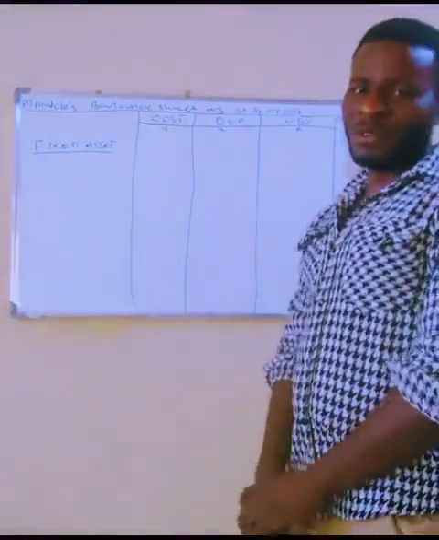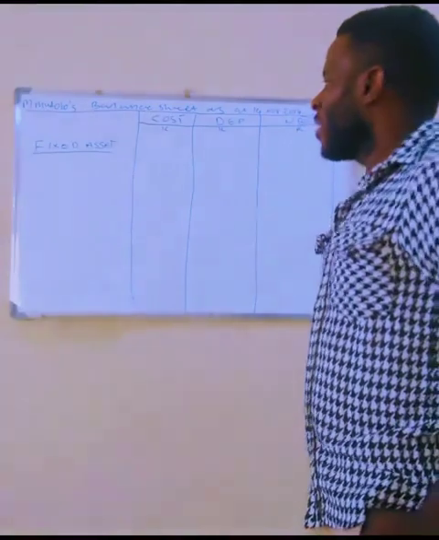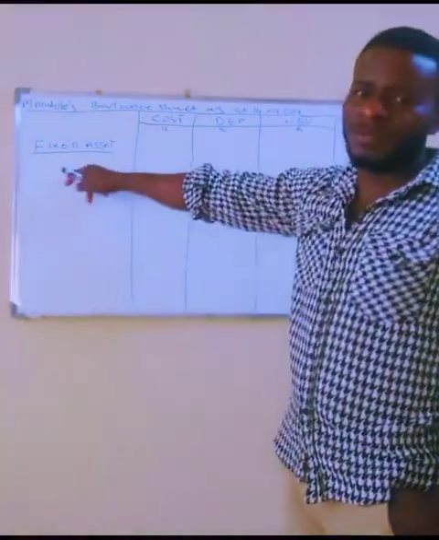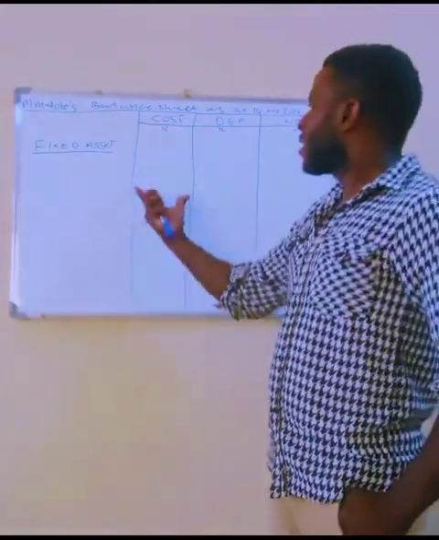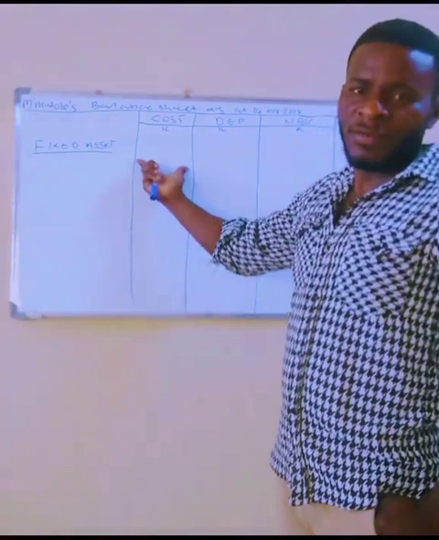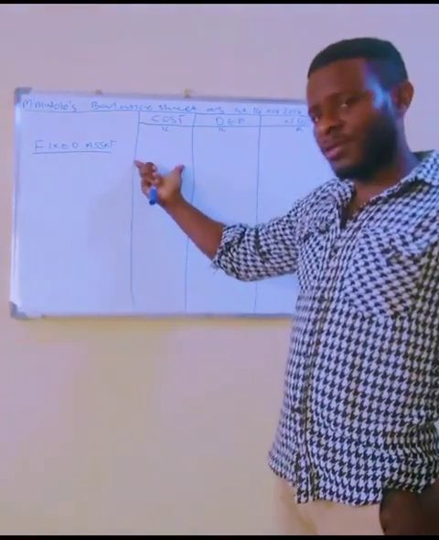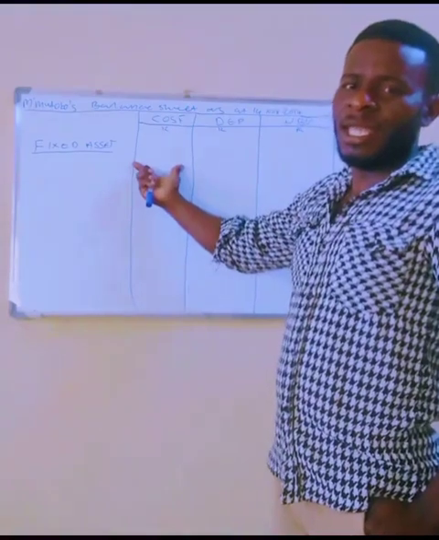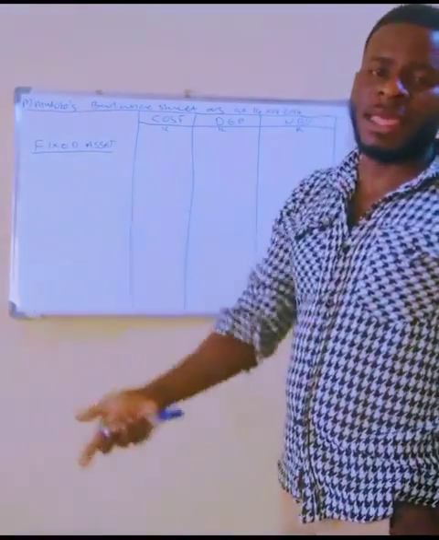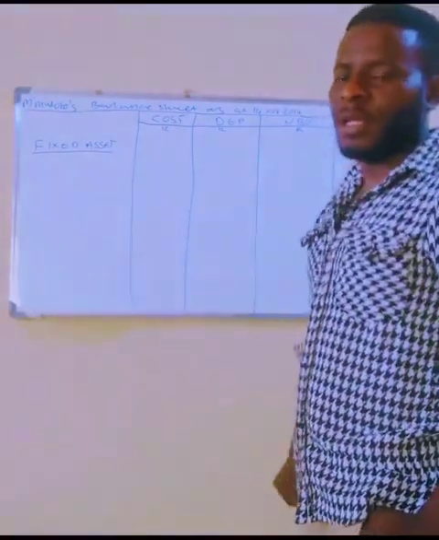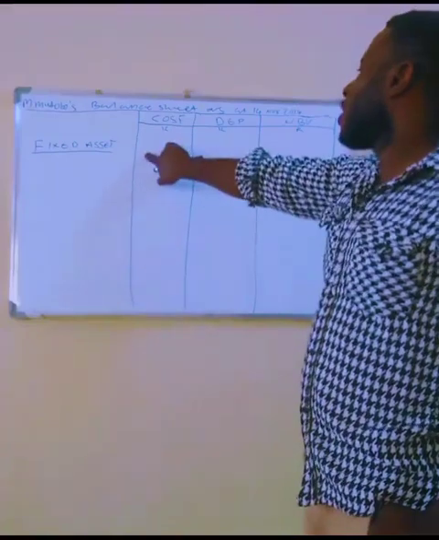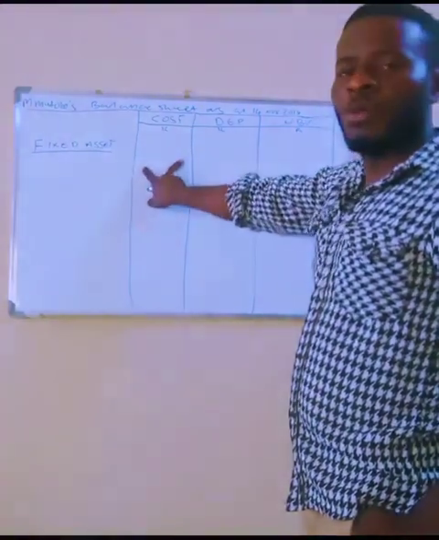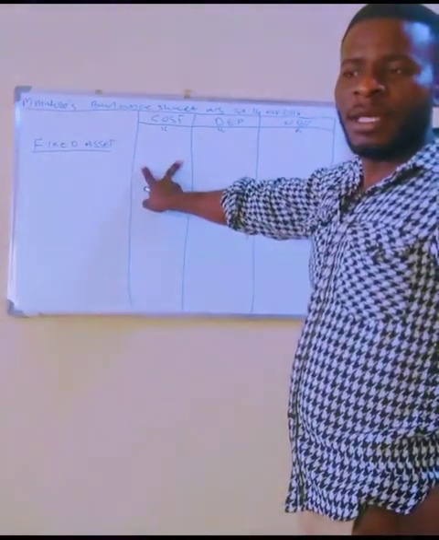I had explained depreciation. So let's say we have land. You indicate the total cost for that land, the amount of money that you bought that asset at. So if you bought land at 40 kwacha, you put 40 kwacha here.